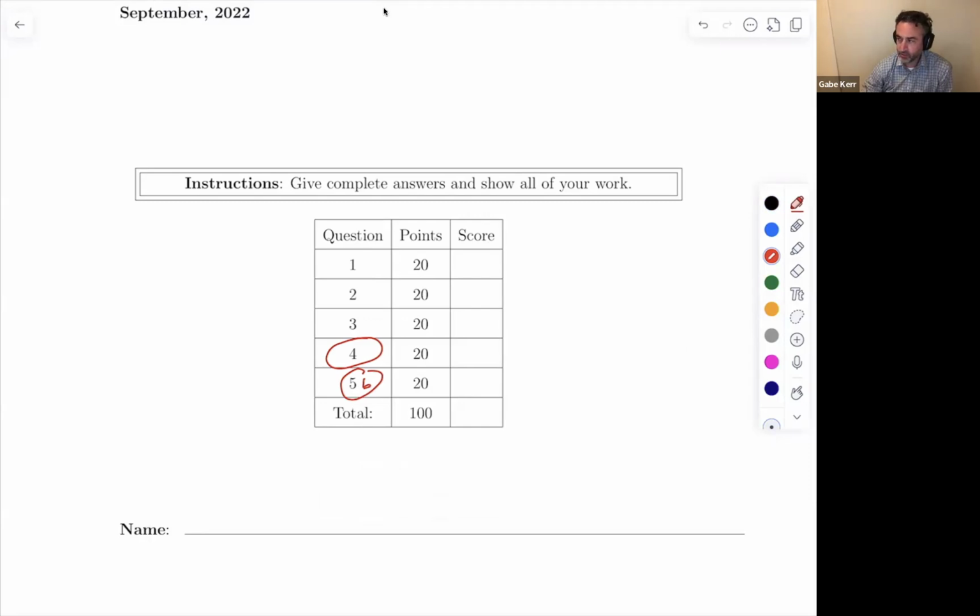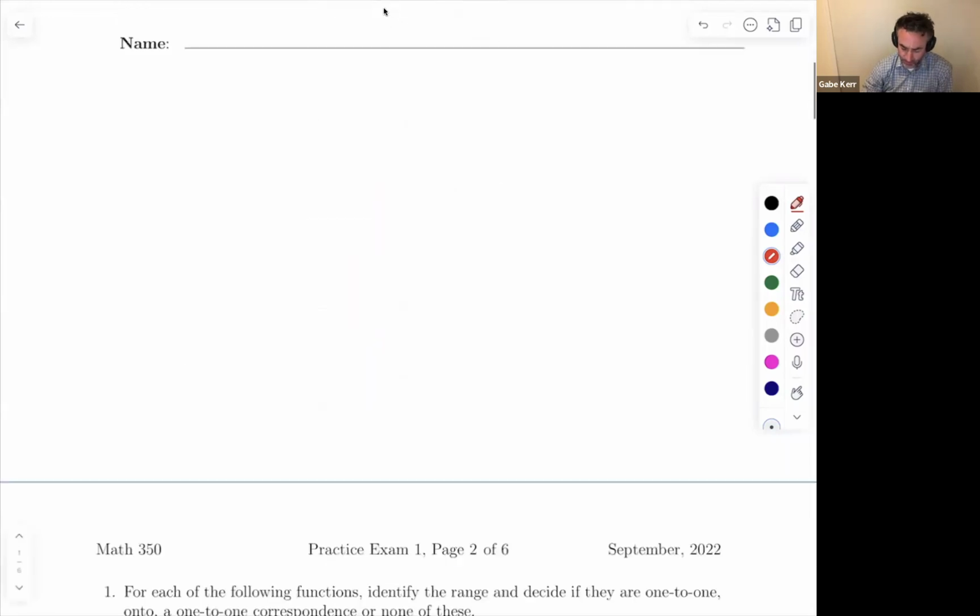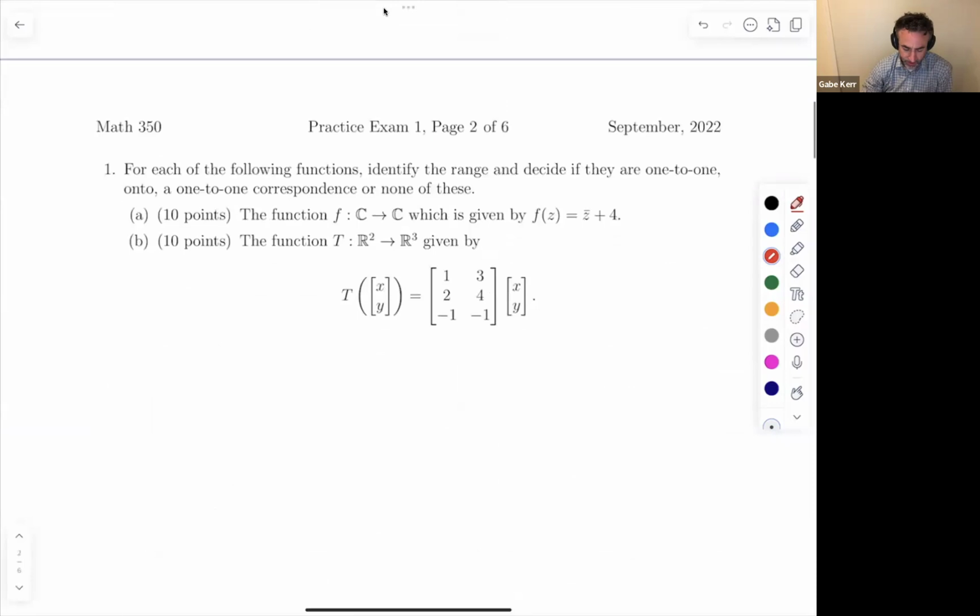We should talk about it, I'm hoping tomorrow. It's essentially the dimension of the kernel. So this is nullity. That's fair. This is in the section that we're wrapping up, so I'll talk about it.